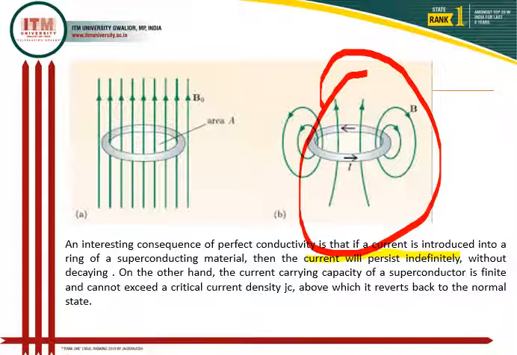On the other hand, the current carrying capacity of a superconductor is finite and cannot exceed a critical current density, above which it reverts back to normal. So there are certain restrictions, but the phenomena that we are observing are very interesting to know.